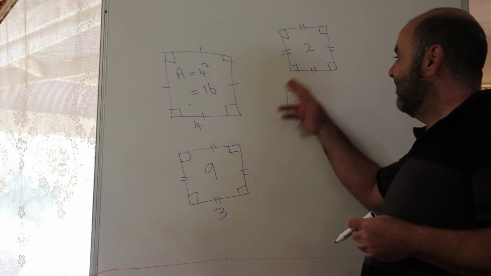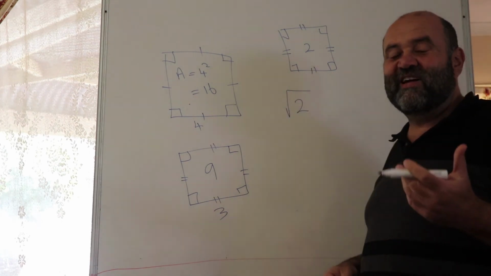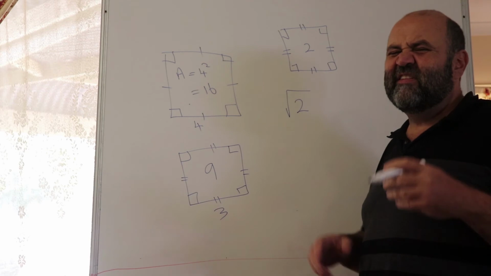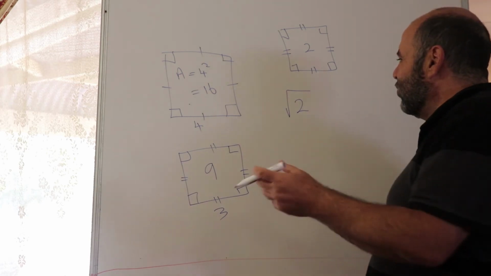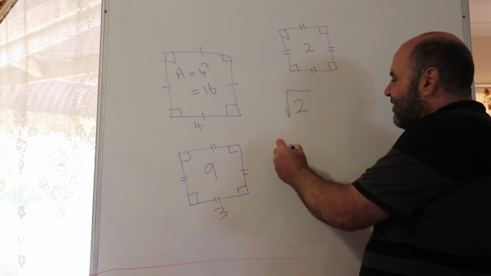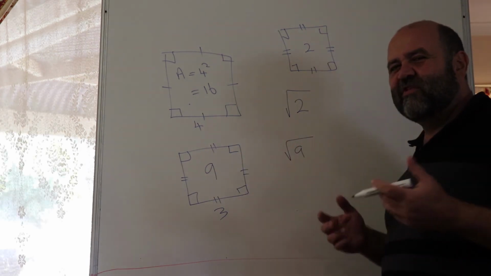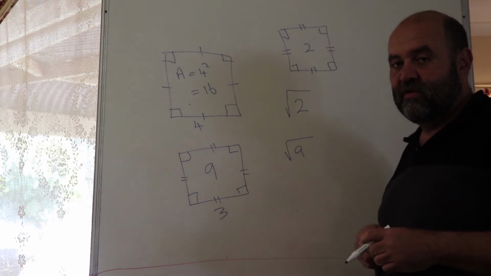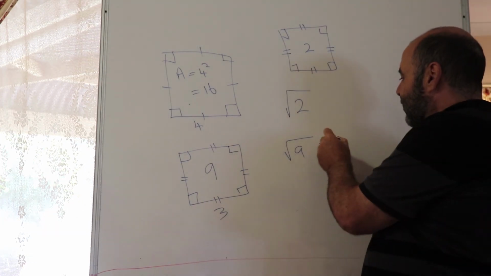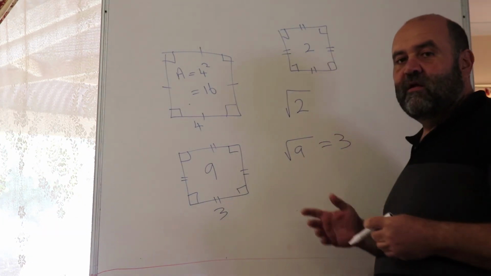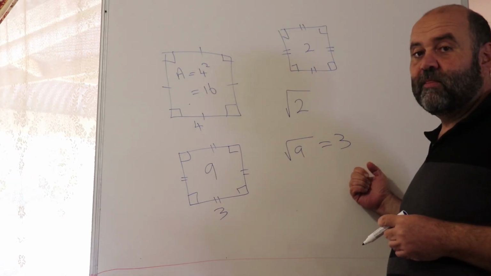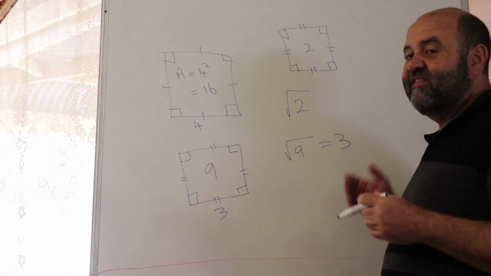We call these things surds. Surds are irrational. Strictly speaking, the square root of 9 is not a surd, because I can simplify it to get an exact value. The square root of 9 simplifies to exactly 3.